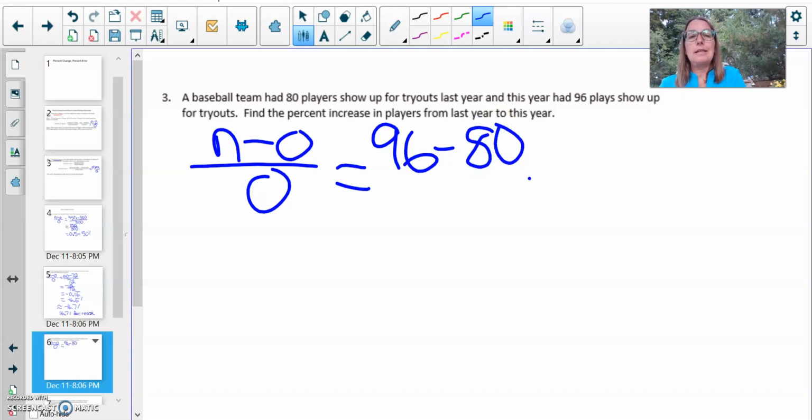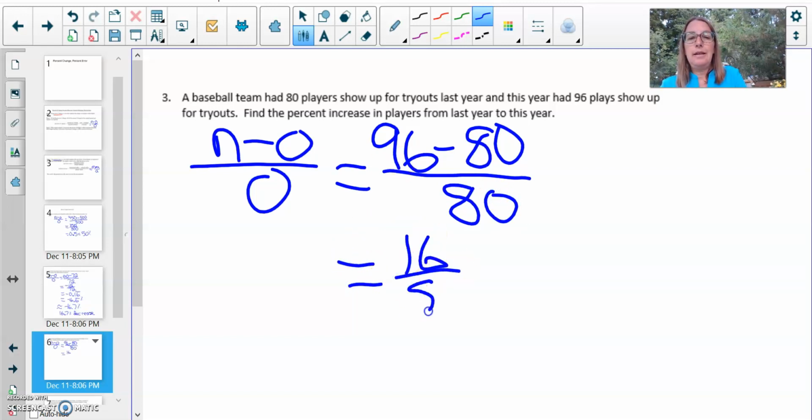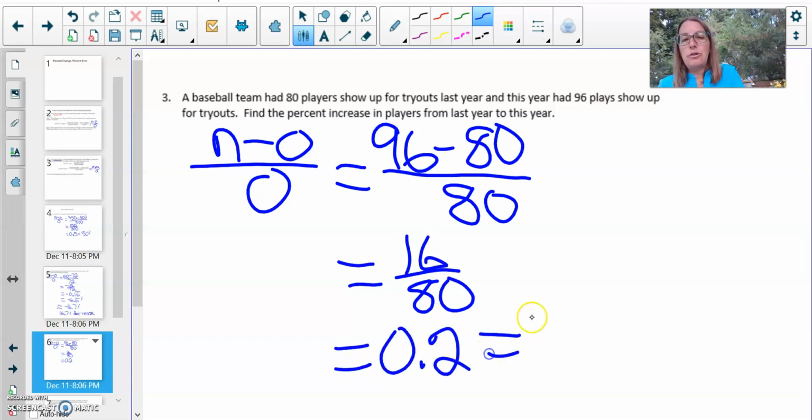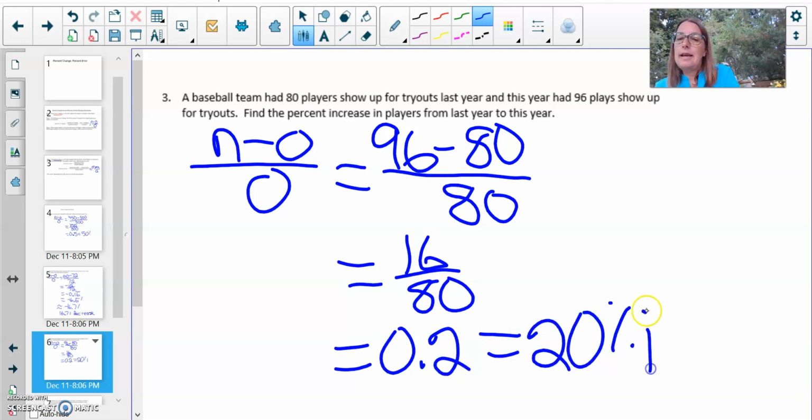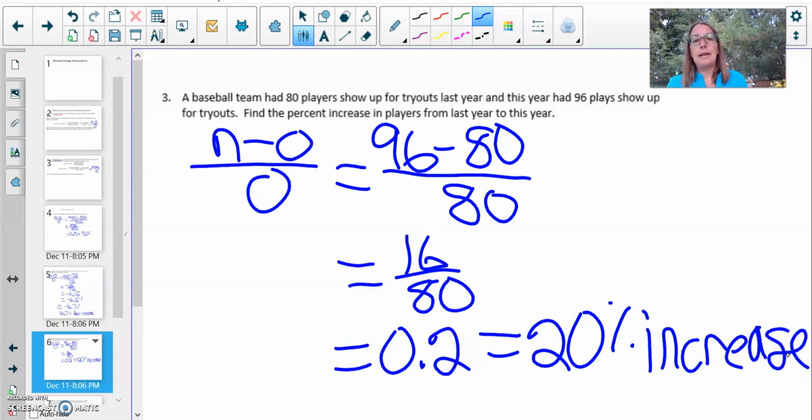So it's 96 minus 80, all divided by 80. 96 minus 80 is 16, divided by 80. Using my calculator, my decimal is 2/10. Change it to a percent: it's 20%, and because the answer is positive, that tells me it's an increase.